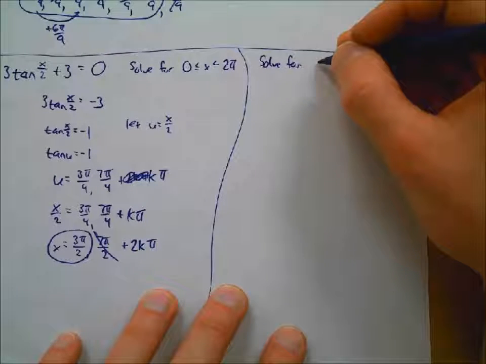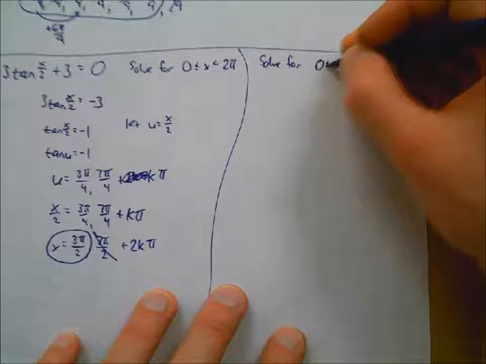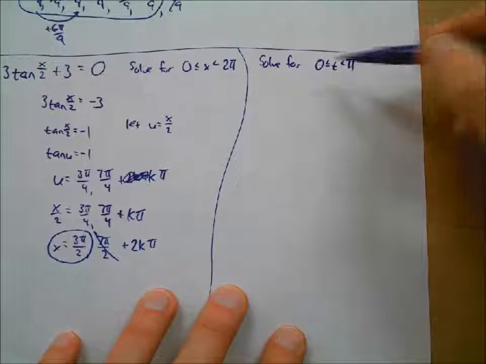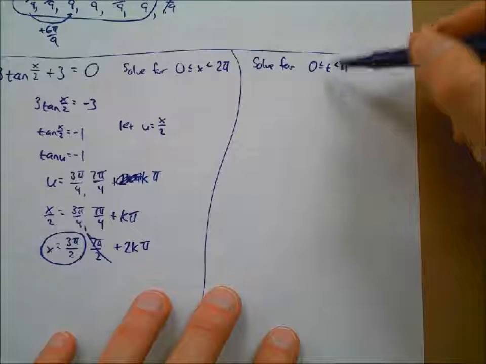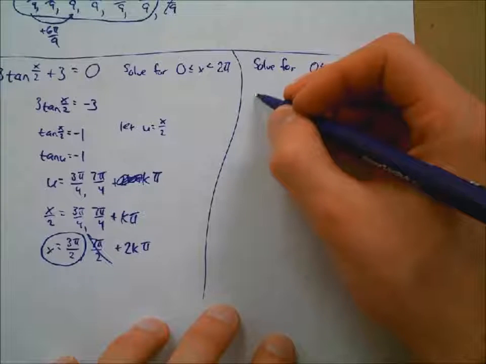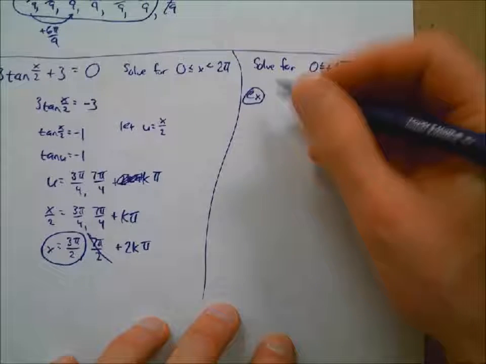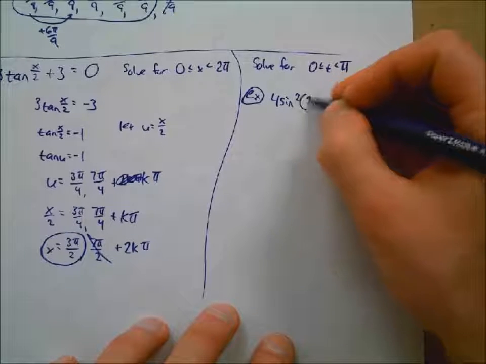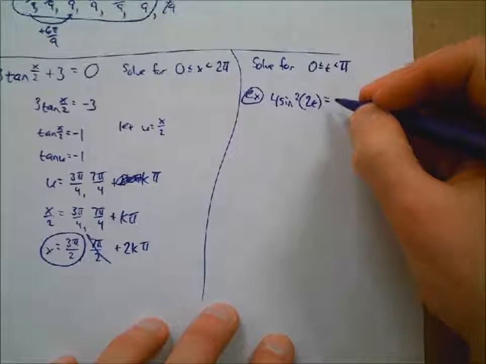So solve for 0 less than or equal to t less than pi. So only give me your solutions for t, only the ones that fit between 0 and pi. Okay, and then here's your problem to try. 4 sine squared 2t equals 3.